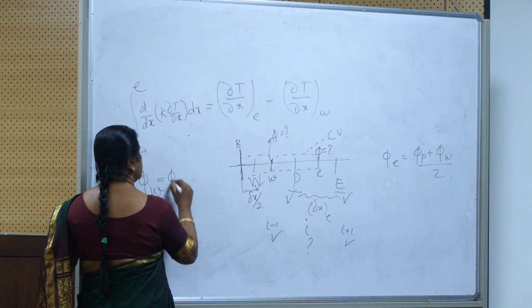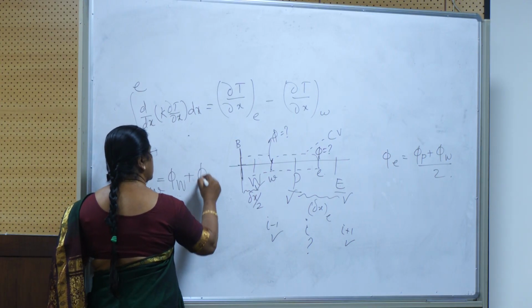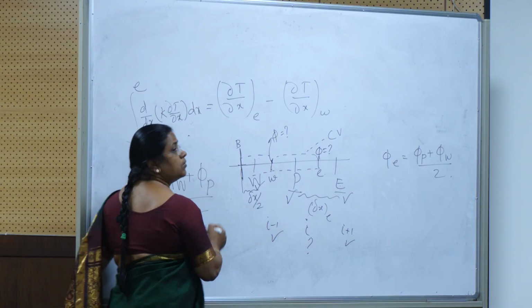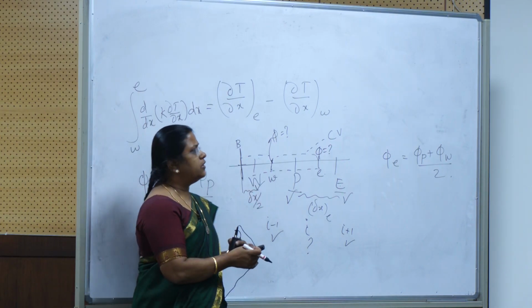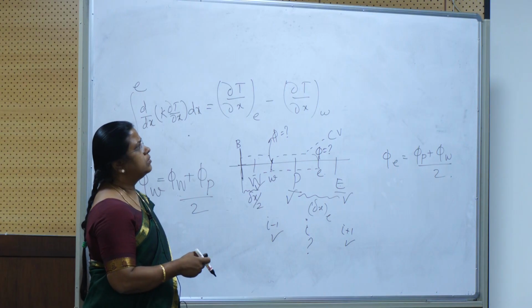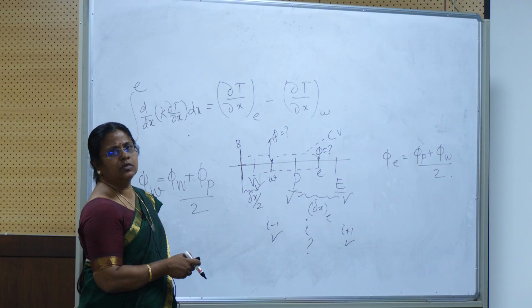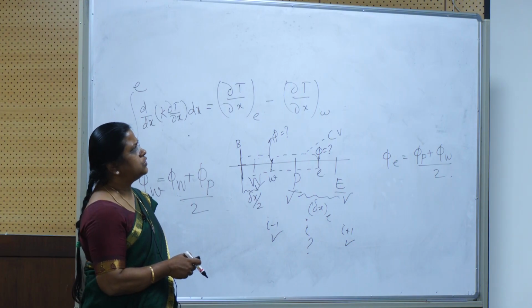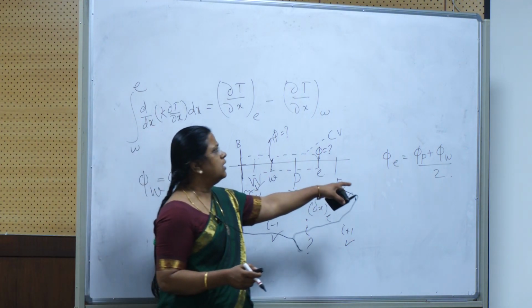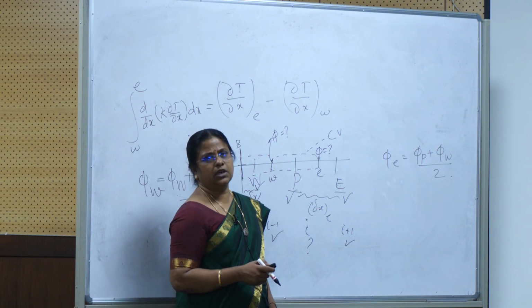Similarly, at this point, if I want small w, that is what is shown in the next slide. You see there? First line, the convection term. It is written as the average of these two points. Phi e is like that, and then phi w is written like this.